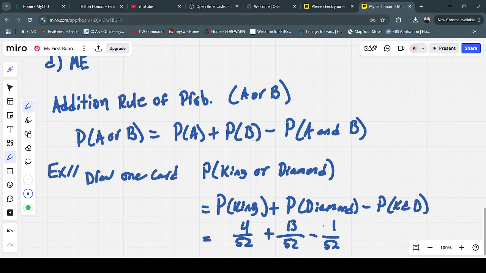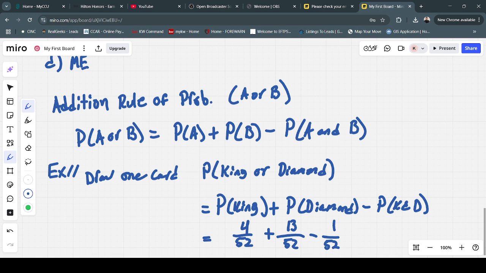If I count all the kings separately and all the diamonds separately, the king of diamonds is in the group of 4 but also shows up in the group of 13. So if I just do 4 plus 13, I counted that king twice, and I had to subtract that one extra count. That's why the formula works this way.